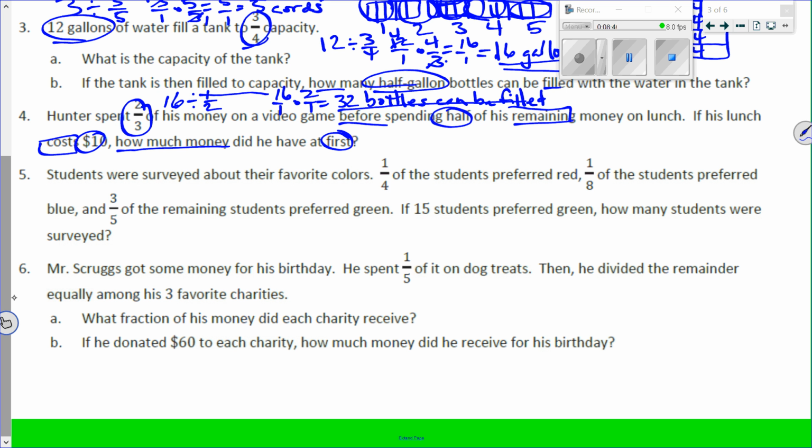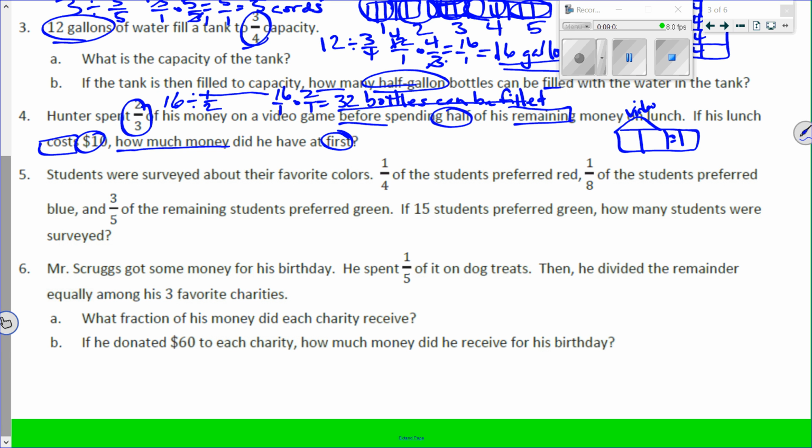So here's why the model helps us. If I draw this out, 2/3 of his money was spent on the video game. Correct? So that leaves 1 box for me, right? But they said of that box, of that last piece, half of that 1 box was now lunch, or $10.